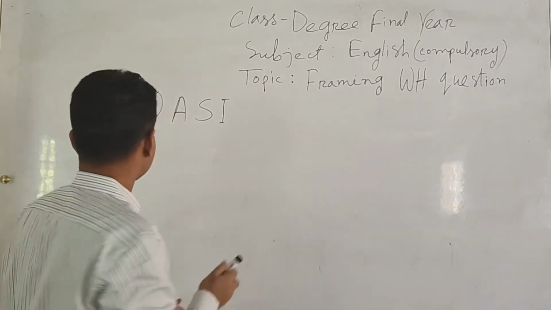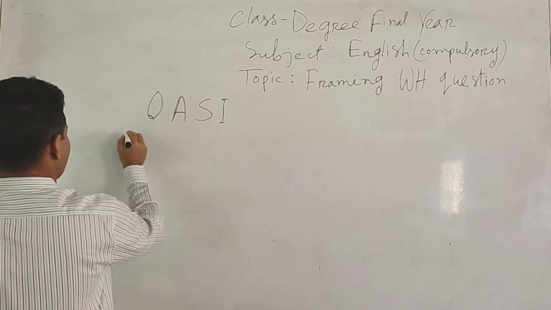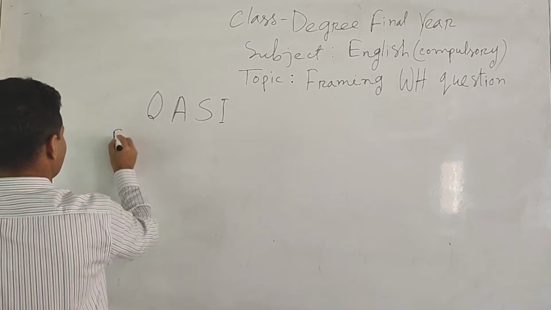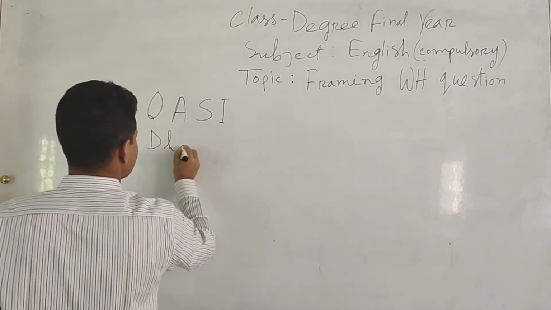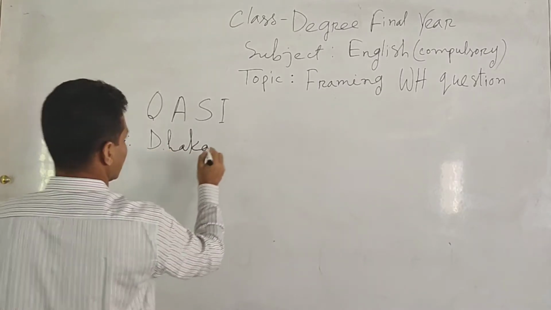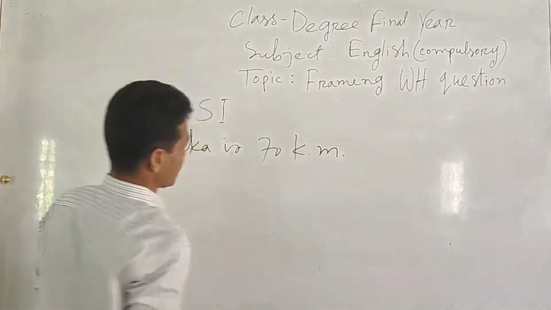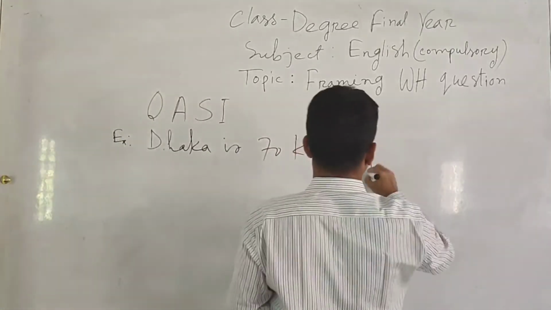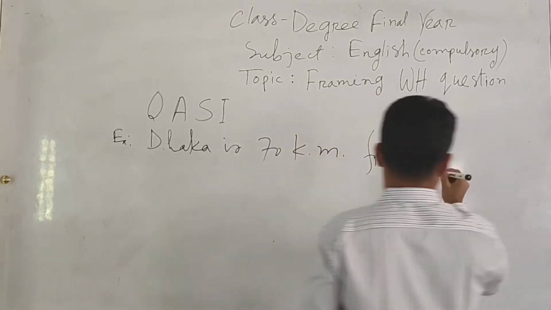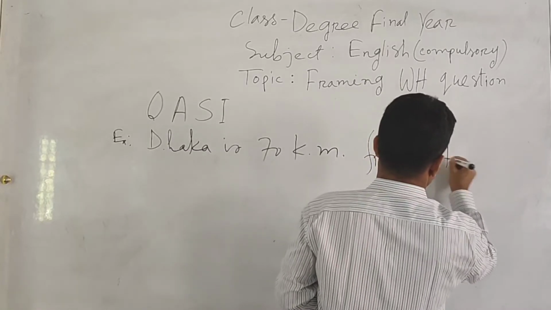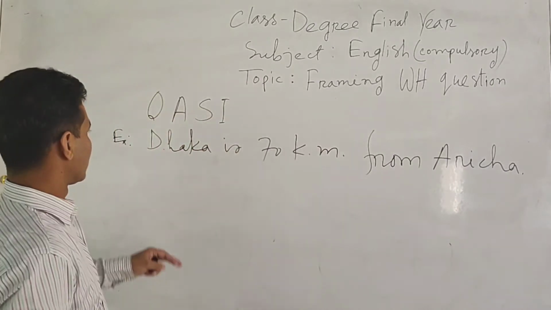Another example. Dhaka is 70 kilometer from Aricha.